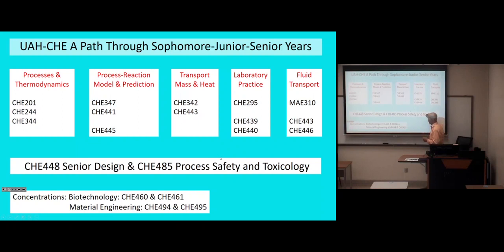And this all gets capped off in a couple of senior courses, in the last semester of your senior year. So we have senior design, and then we have process safety and toxicology. And then you have your two concentration areas: chemical engineering biotechnology, chemical engineering 460 and 461, and materials engineering, which is 494 and 495.